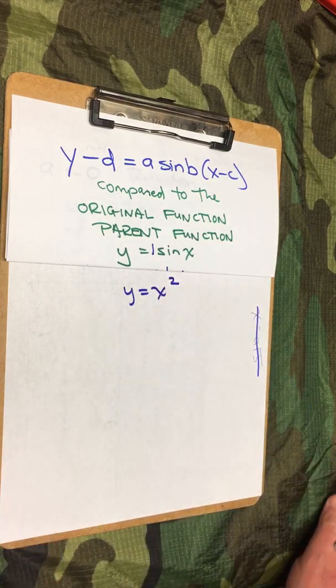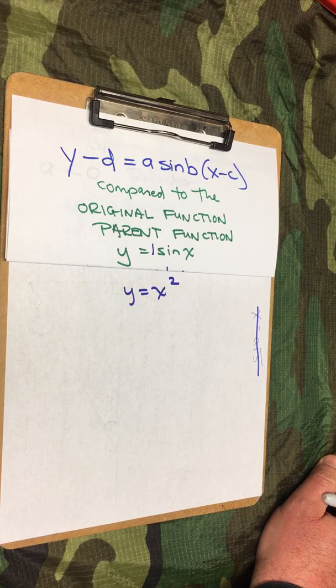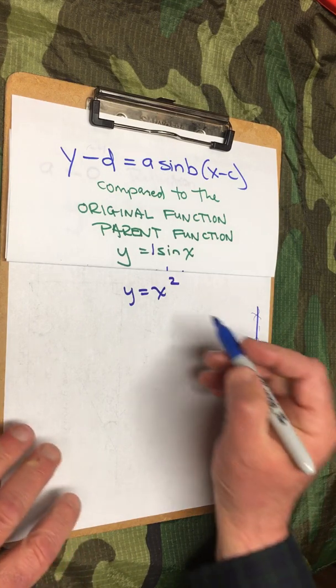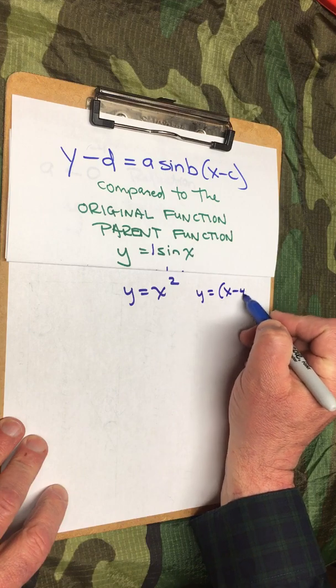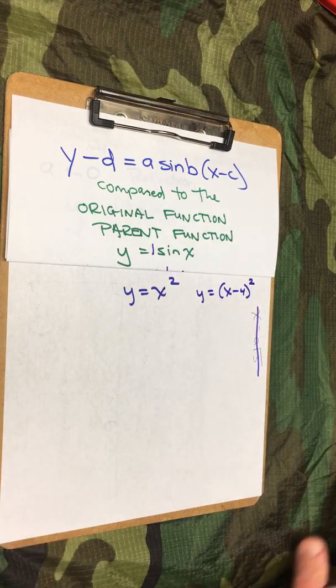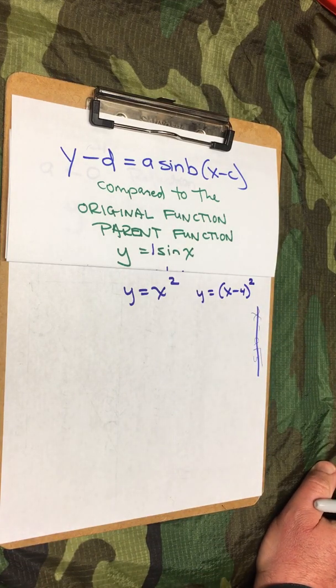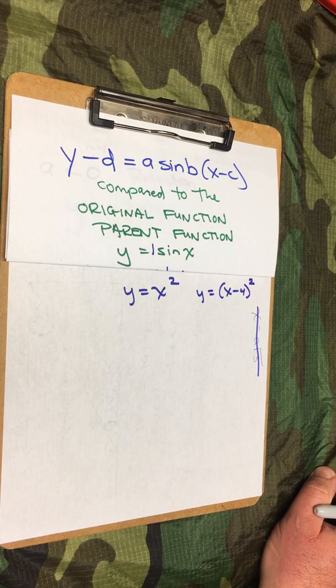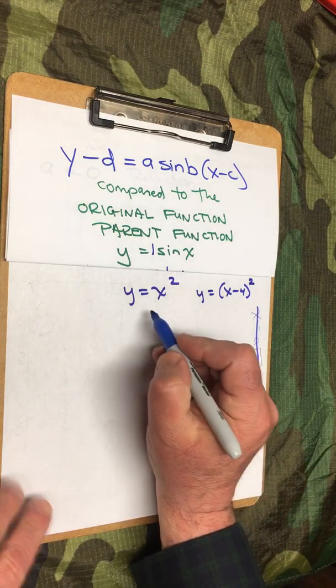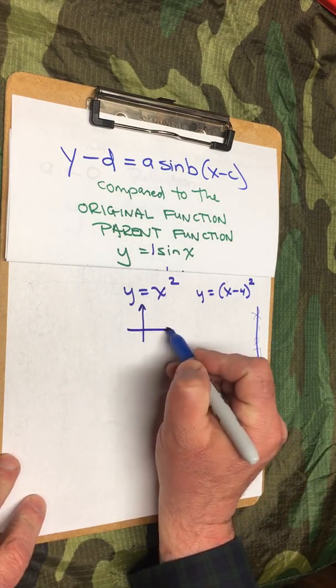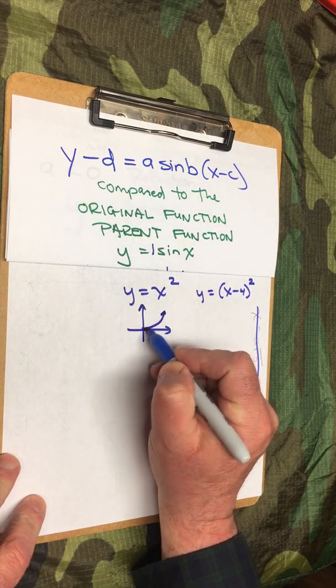Here's the original function, the parent function, y is equal to x squared. And if I said, well, what would be the impact of subtracting 4 from x and then squaring that difference? Teammates, the comparison would be that this function has its vertex at the origin. Parabola looking kind of like that.